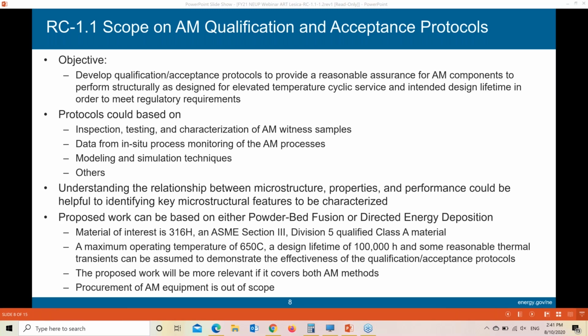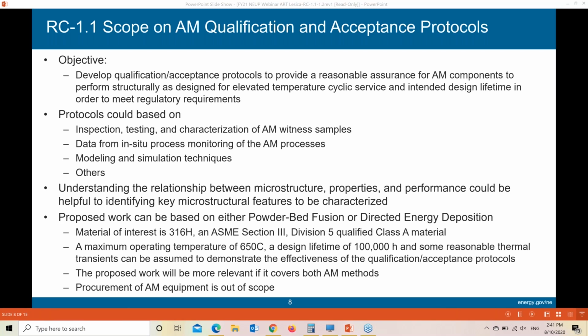Are studies of variations in base composition of 316H of interest? Let me see if I understand that. So presumably it's referring to the chemistry of 316H. If that is the question, then the chemistry specification of 316H has a range.